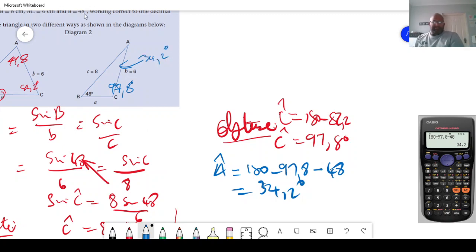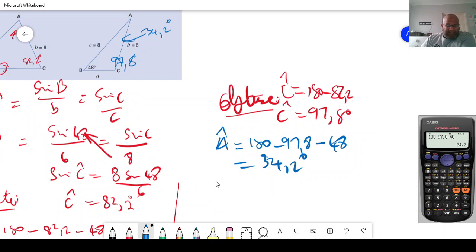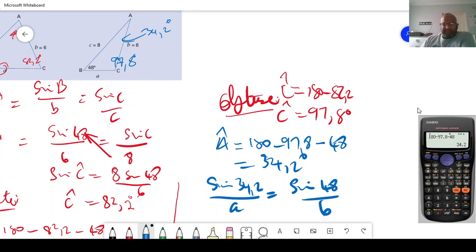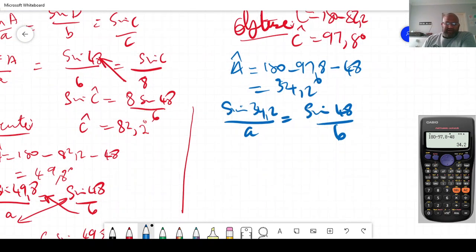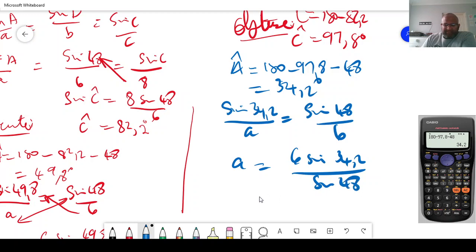Now coming back again to calculating a in this triangle, it's simply sine of 34.2 over lowercase a, which is what we're calculating, equals sine of 48 over 6. I could have gone with the other ratio, but I think this is the easier one. So a is equal to 6 sine 34.2 over sine of 48.